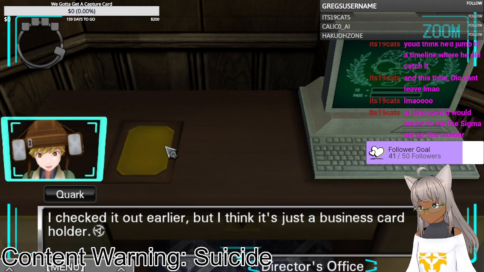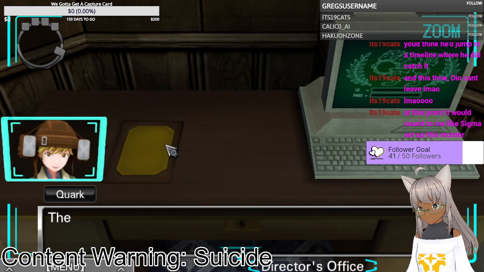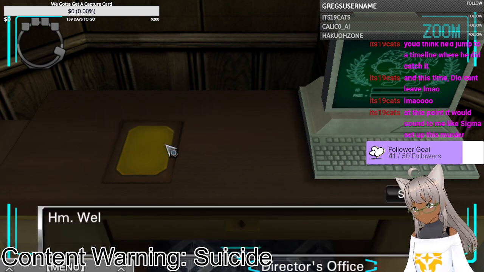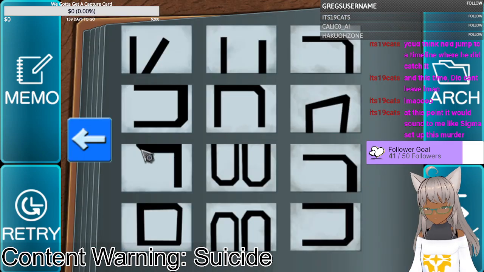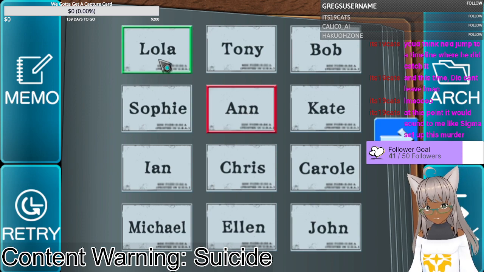Okay. What is this? A business card holder. Alphabetically, maybe?